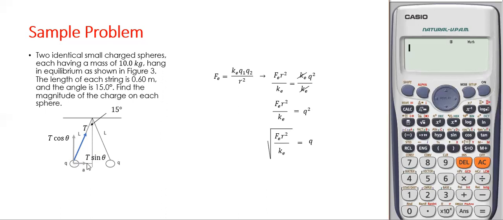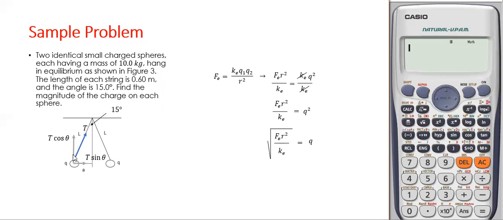This one is the horizontal component of tension force and this one is the vertical component. Bakit siya T sine theta? Kasi nandito yung ating angle, so ang opposite po niya ay yung horizontal component ng tension. At dahil horizontal component po yun, ang gagamitin po natin ay yung sine theta, dahil siya yung opposite.